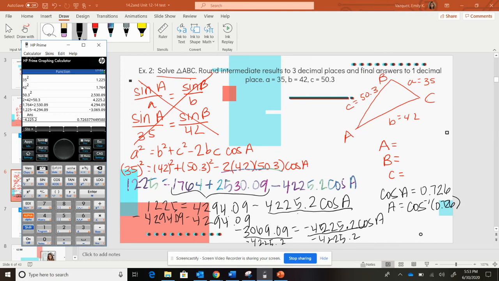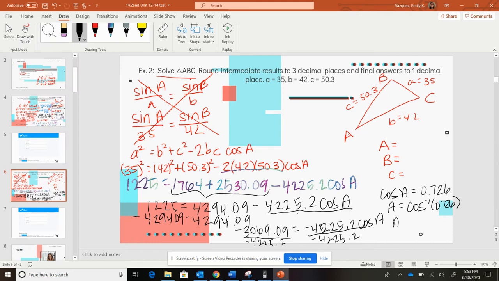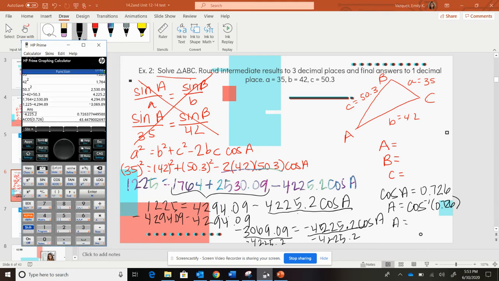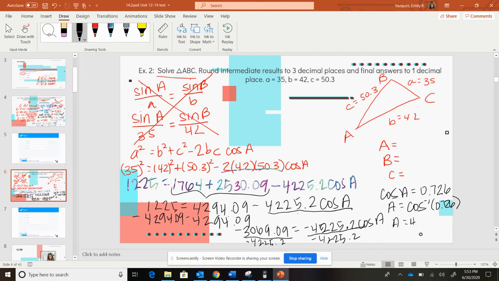In order to access the inverse, I have to hit Shift and my cosine button, and it was 0.726. And my solution is going to give me 43.448, and that's degrees. And I can add it to my little triangle up here if I'd like to.